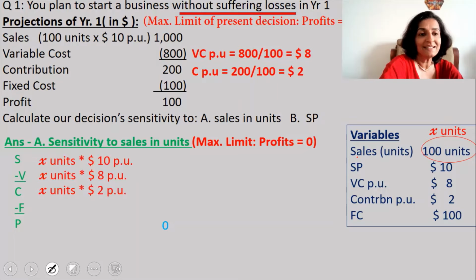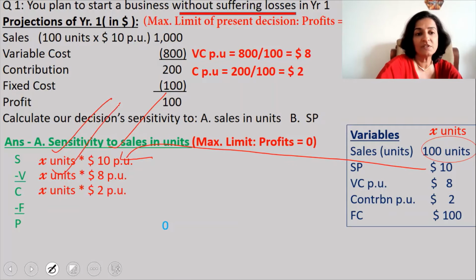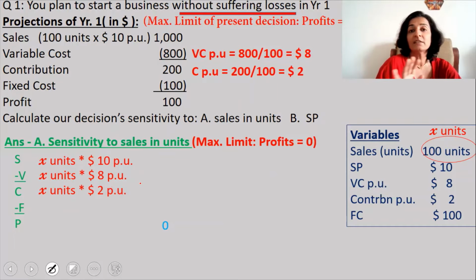So for sales, it is X number of units multiplied by $10 because $10 is the selling price. For variable cost, again, the number of units we have assumed as X and the variable cost per unit is $8. And for contribution, again, the number of units is X and the contribution per unit is $2. This is because the only unknown is the sales in units. All the other variables are assumed to be the same.